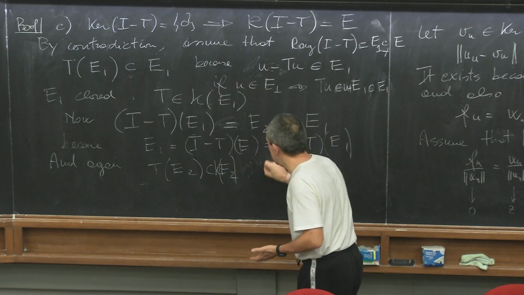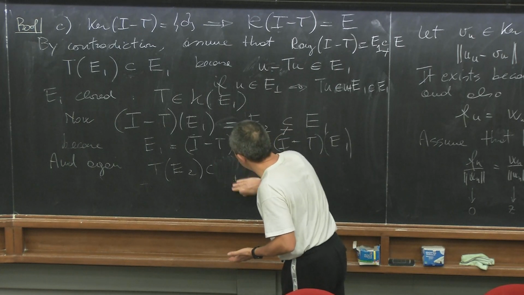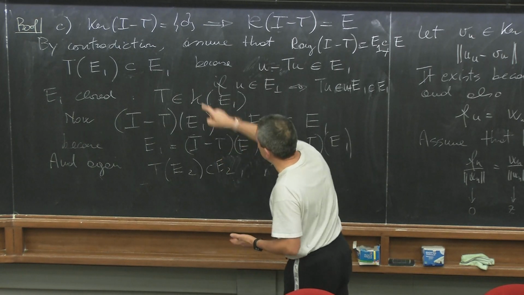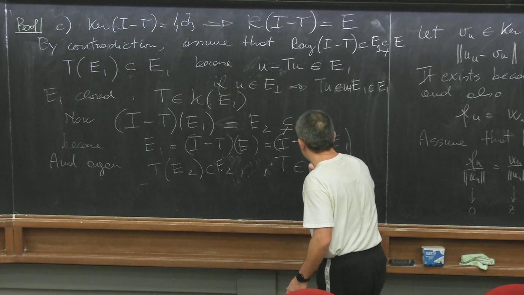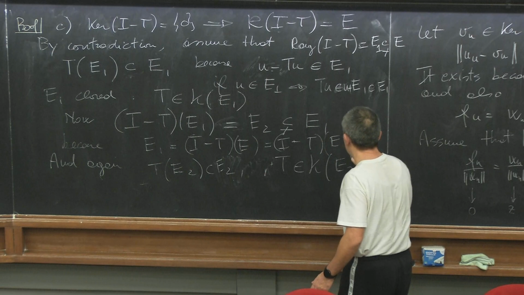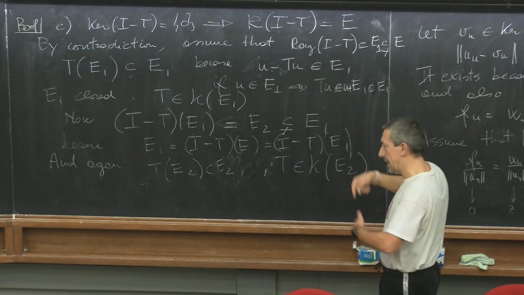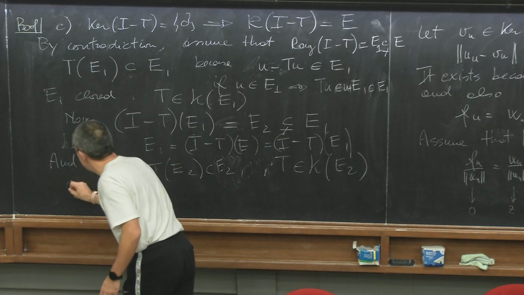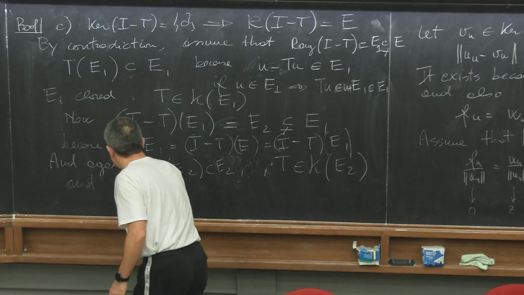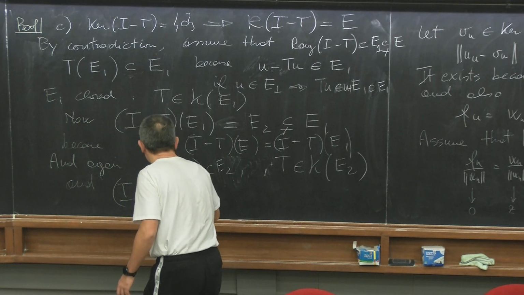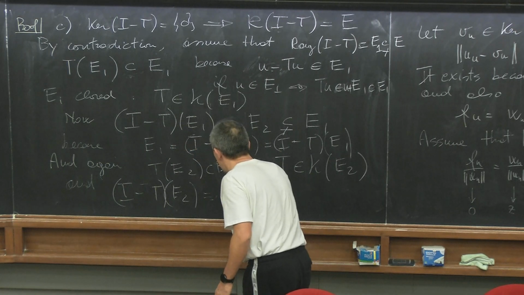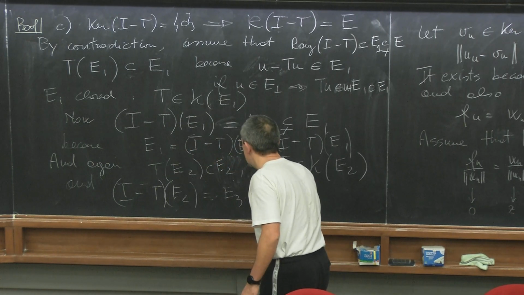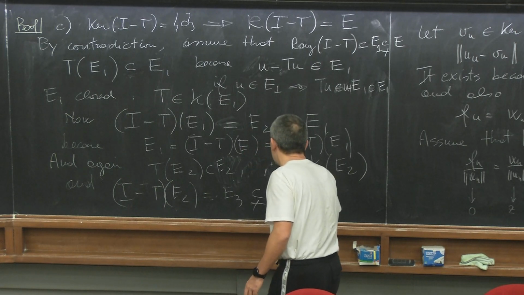And T belongs to the compact operators of E2, and then I can repeat, and identity minus T applied to E2 is some closed subspace E3, contained but non equivalent to E2.